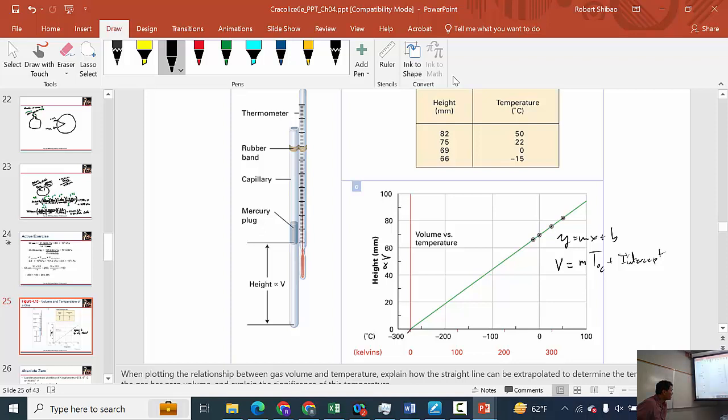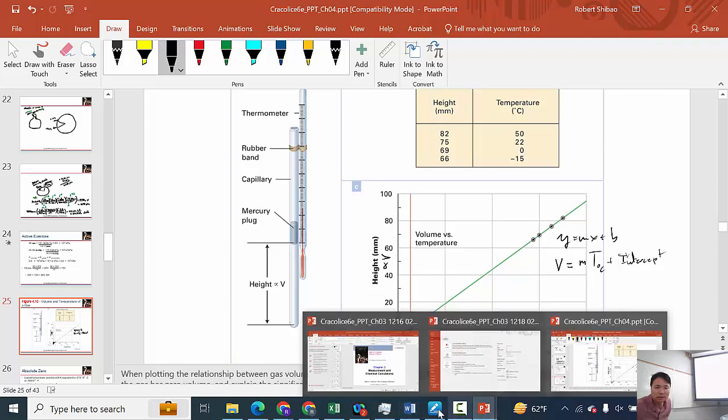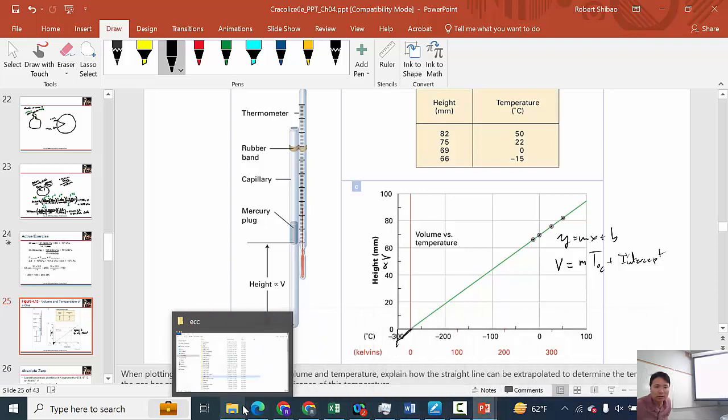This intercept I don't see down here. But this is what we could take a look at here.